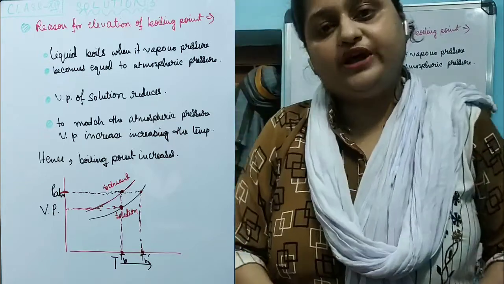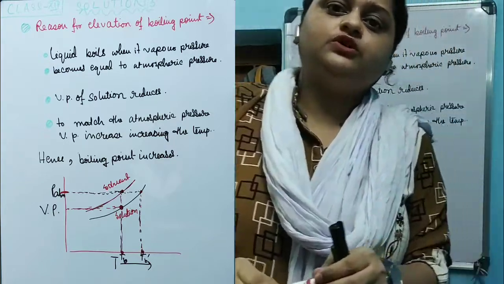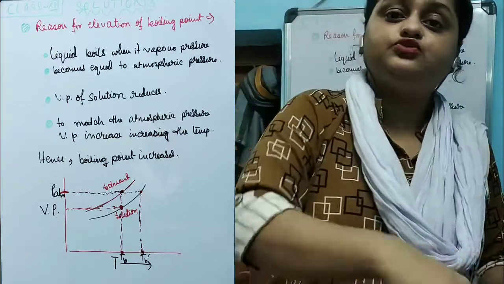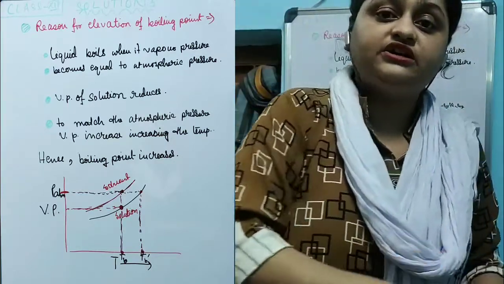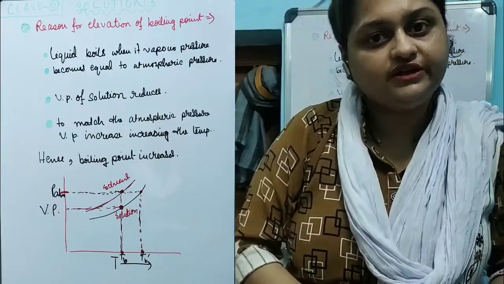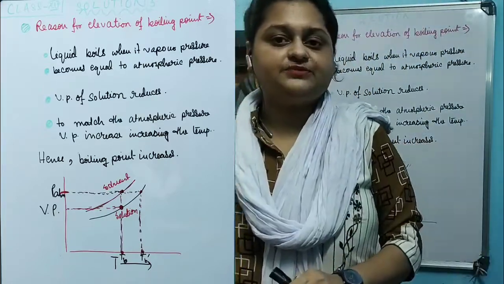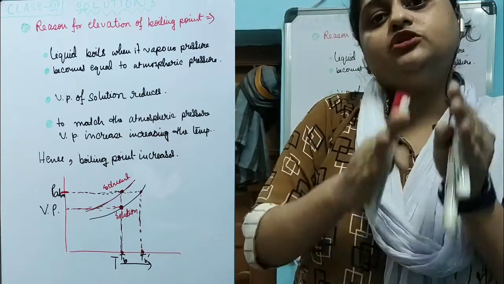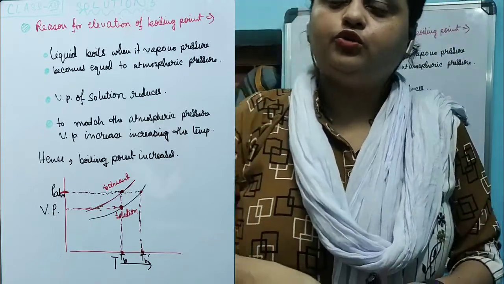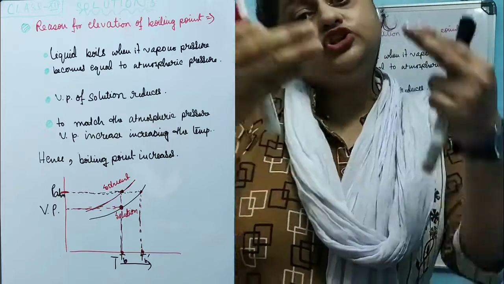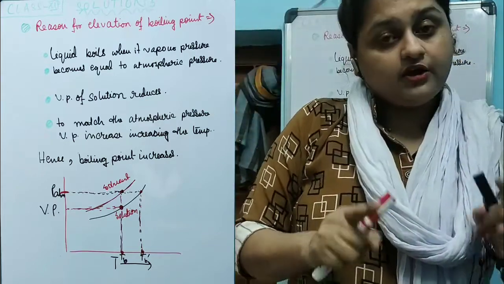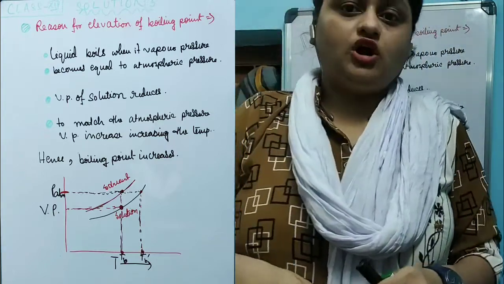By that point, the temperature of the solution has risen from 100 degrees Celsius to something like 120 degrees Celsius. So the boiling point of the solution has risen to increase the vapor pressure of the solution, because the vapor pressure of the solution is less compared to the pure solvent.